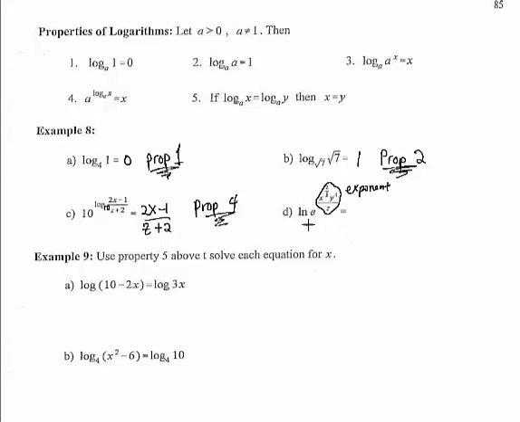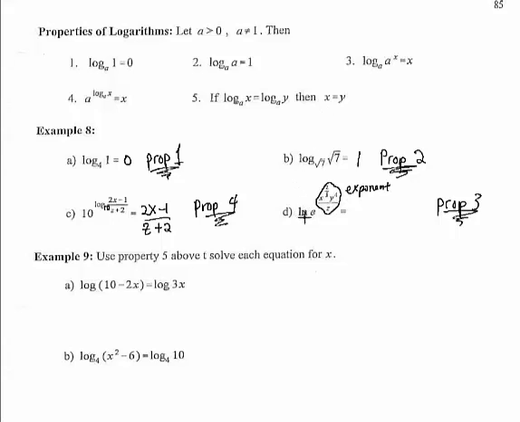Alright, well, this falls in line with property 3, which says if we have the log with the same base as the base of the exponent that's in front of it, so here the argument e is the same as the base of the log.